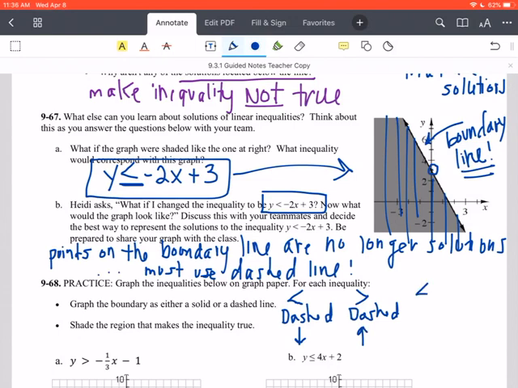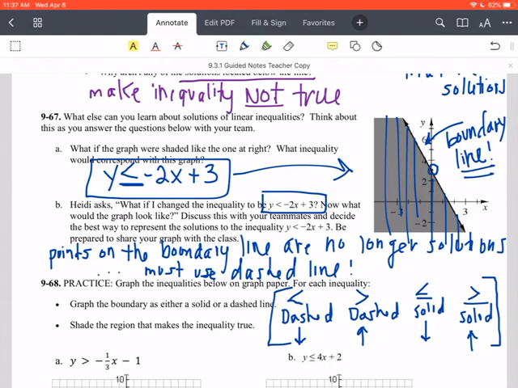When you have a less than or equal to, it is going to be a solid line because the points on the line will work, but you are going to shade straight down. And when you have a greater than or equal to sign, it is solid, and you are going to shade straight up. Okay? These you kind of have to figure out a way to remember, but it all makes sense when you start applying test points.